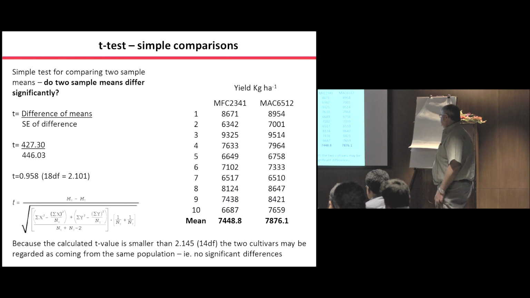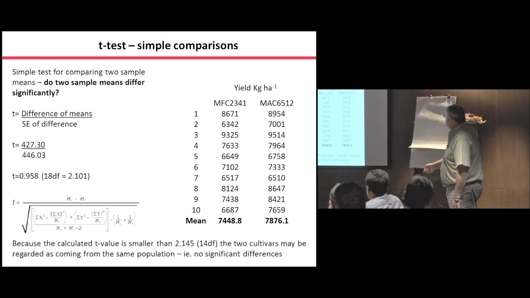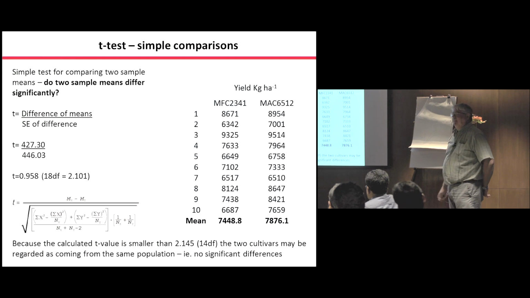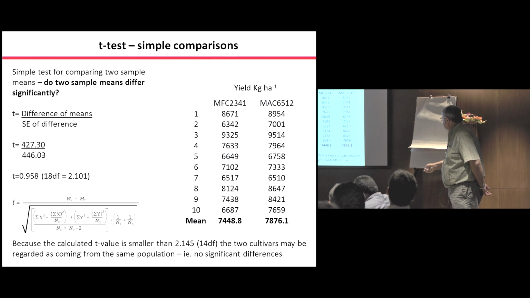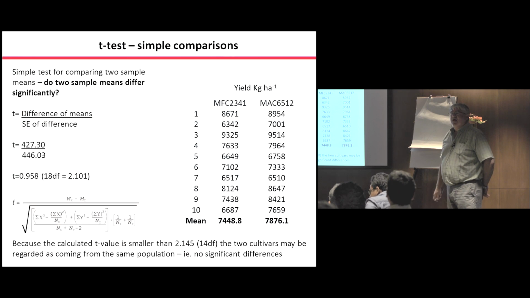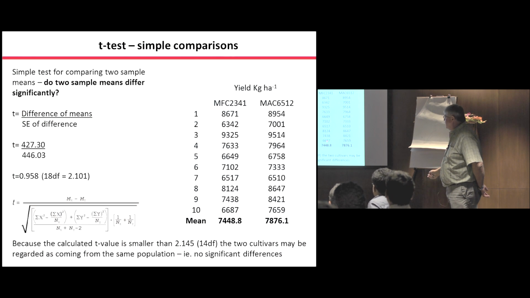Now, I've got 10 samples there, and I've got 10 samples there. I have 9 degrees of freedom here, and I have 9 degrees of freedom there. So I lose a degree of freedom for that one, and I lose a degree of freedom for that one.